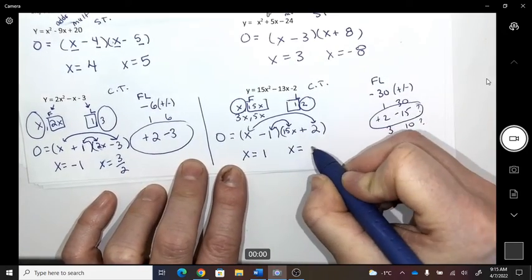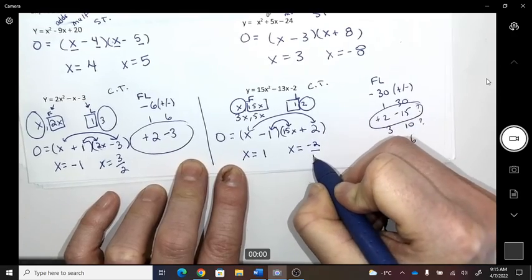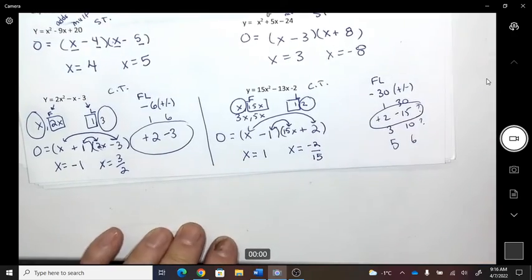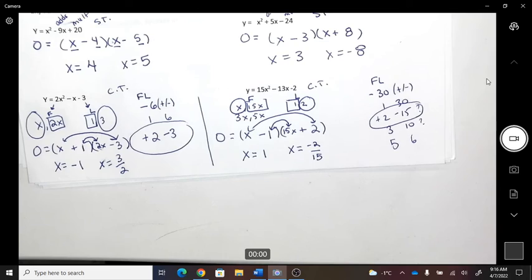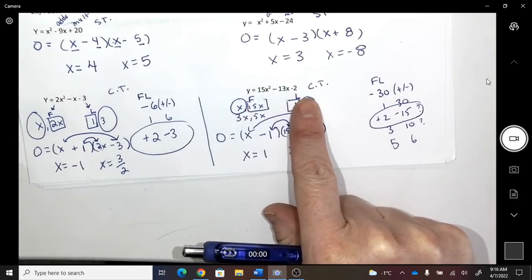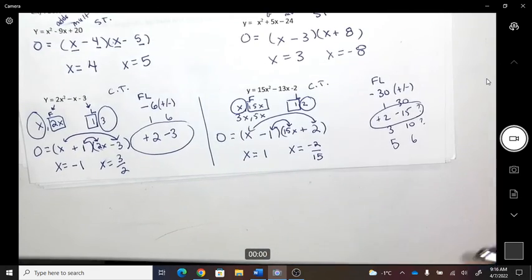And this solution will be opposite divide. Okay, and remember we have a calculator, so I can also just type this in and double check my answer. Okay, so you can do that as well.